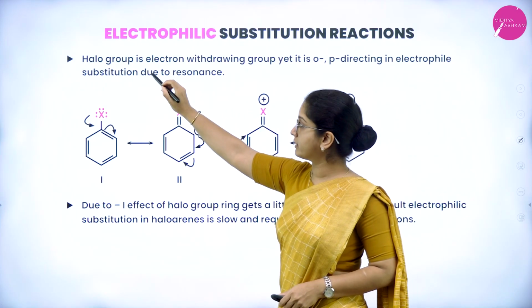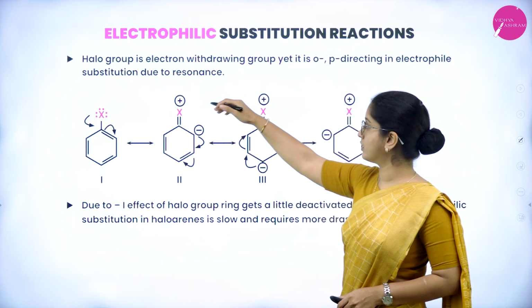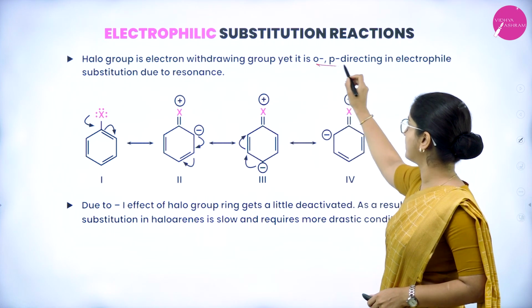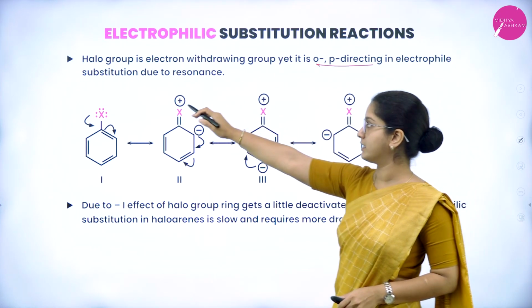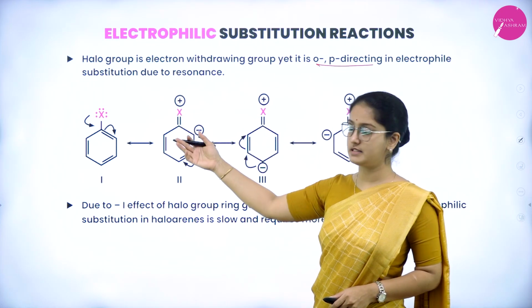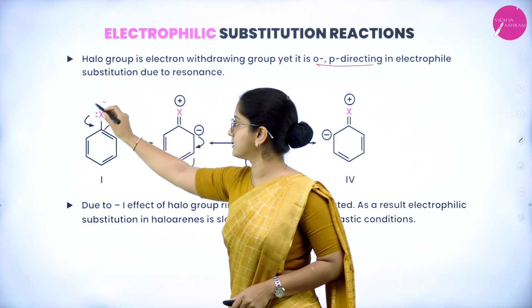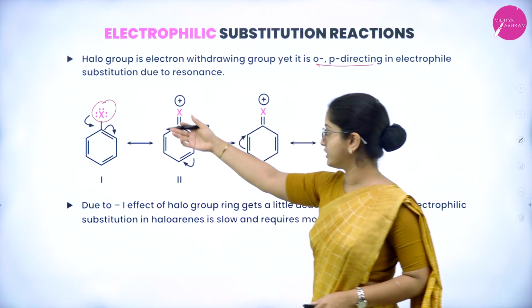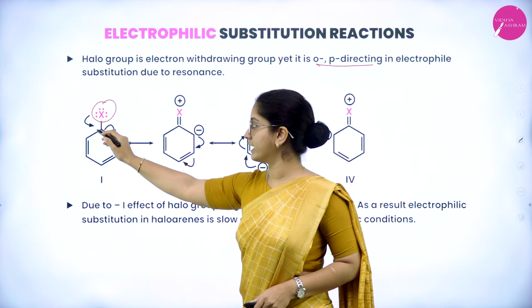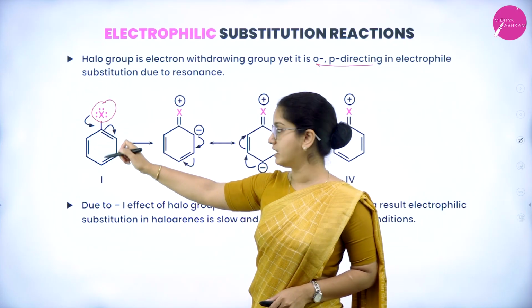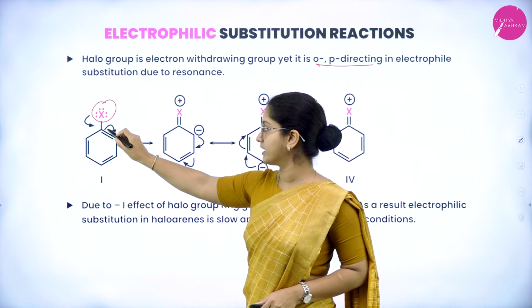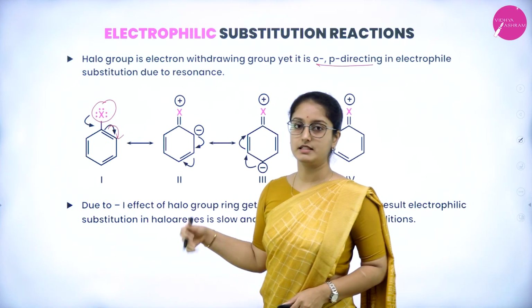So next is the electrophilic substitution reaction. Here the halo group is itself an electron withdrawing group, yet ortho and para directing in electrophilic substitution due to the resonance effect. The halogen donates electrons towards the adjacent bond, and the bond is shifted to the adjacent atom.